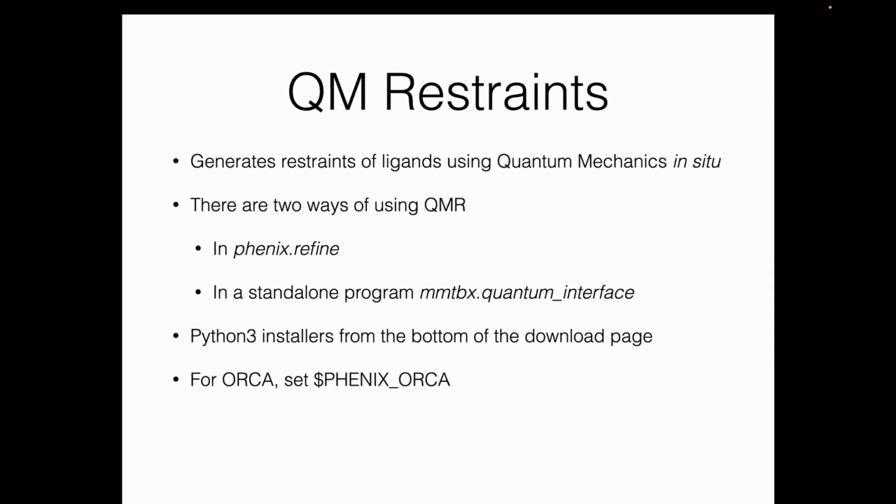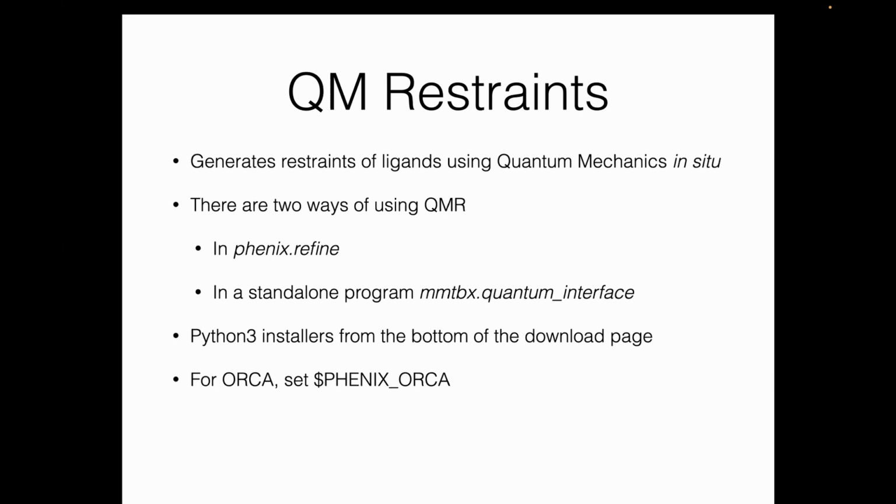I have also updated and made more powerful the way that you can create restraints. If you're doing restraints with elbow, you're doing it in isolation or in a synthetic water bath. However, this allows you to, it's called QM restraints, because it calculates using the quantum chemical level of theory in situ.